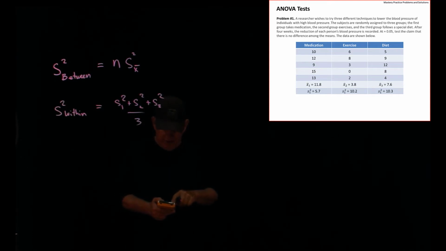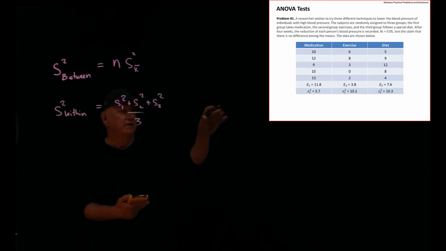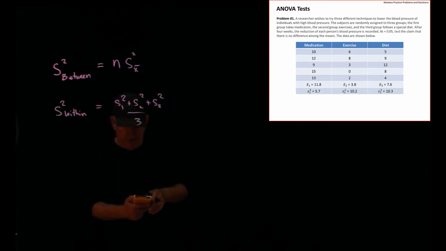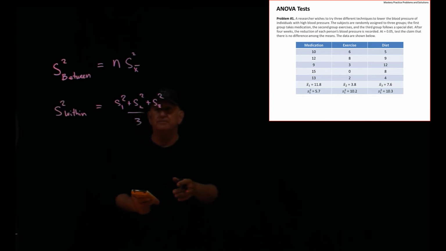I'm looking at edit right now, and sure enough, that's where they are. So all I have to do is go to calculate one variable stats. I'm going to tell it I'm in list 1, and that will produce for me any number of numbers.